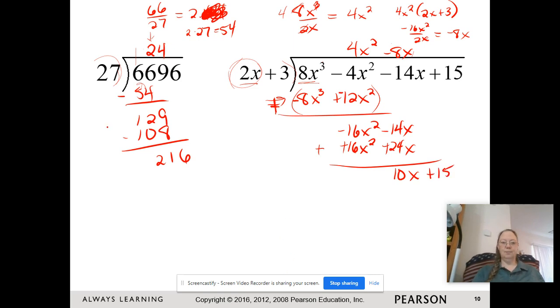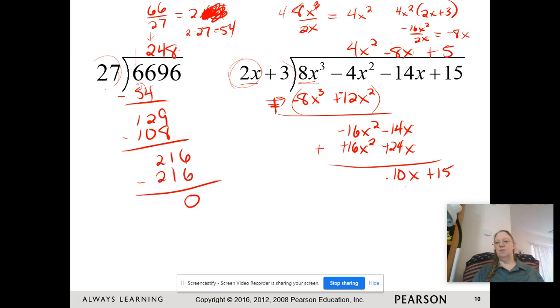And one more time. 27 goes into 216. So I'm going to take my 216 and divide it by 27 and multiply and subtract. Now I'm going to take 2x into 10x, and it goes in there 5 times.